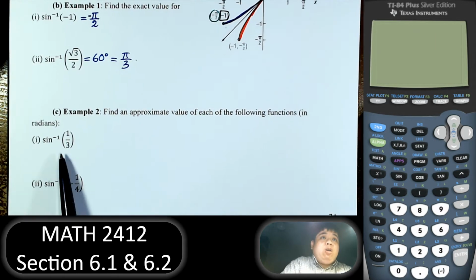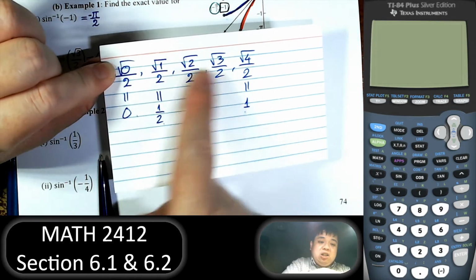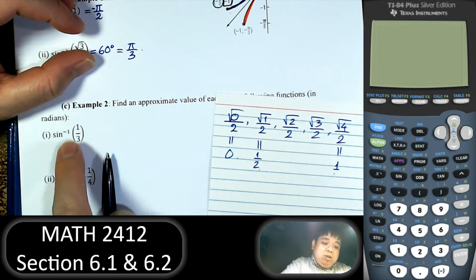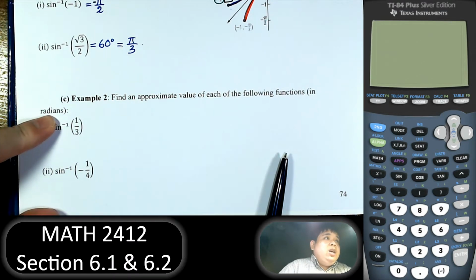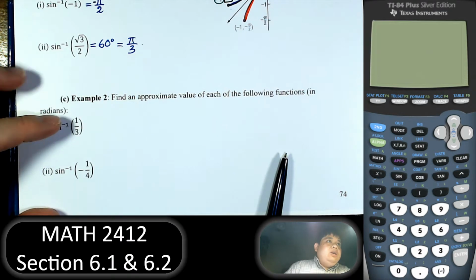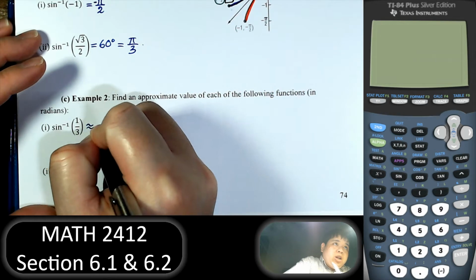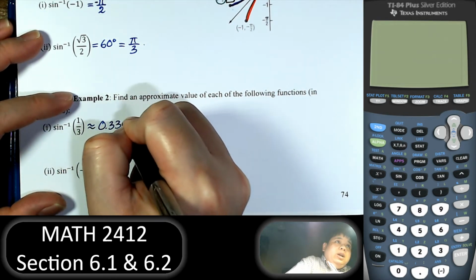Now, when we have some other values than the special values we know, those are the values we know the angles for. If we have something else, we just need to use a calculator to approximate this one in radians. So make sure we keep the calculator in the right mode. Sine inverse of 1/3. So yeah, just get an approximation of 0.339.